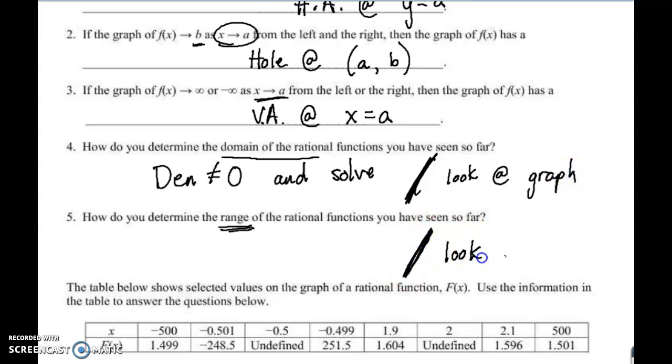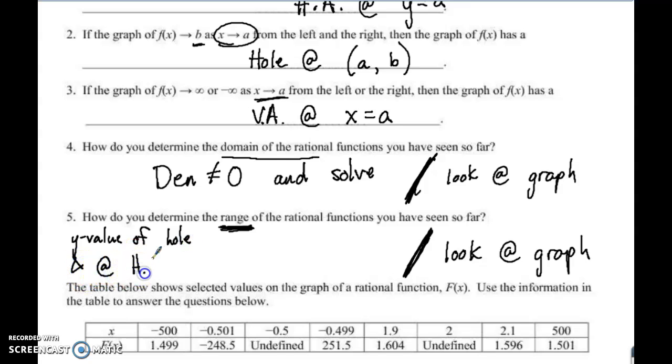You can look at the graph. But another way to think about it is the range are undefined values at the y value of the hole and at the horizontal asymptote. So you probably noticed that when we write the range, we just write it out and we skip over where the y value is of the hole and the horizontal asymptote, which is also the same way as looking at the graph.